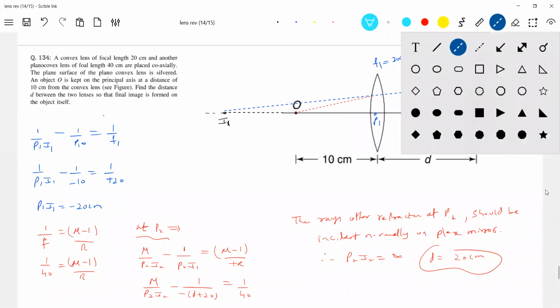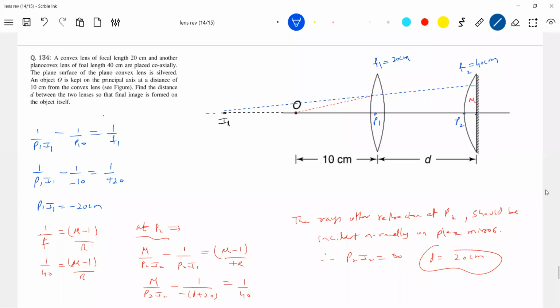In your notes, you can show that clearly. Then they'll retrace the path.